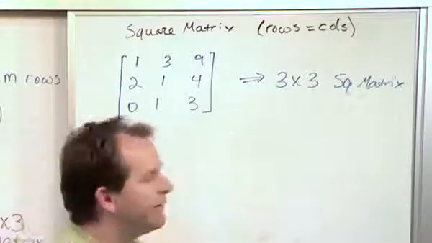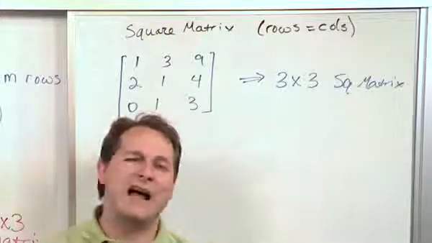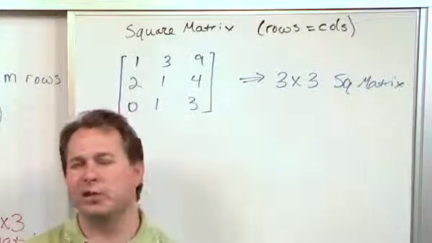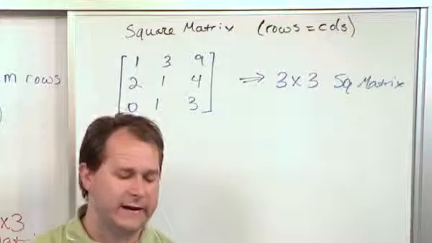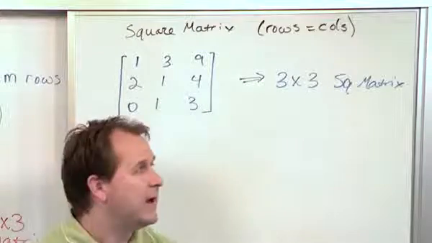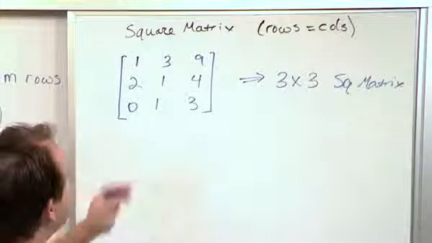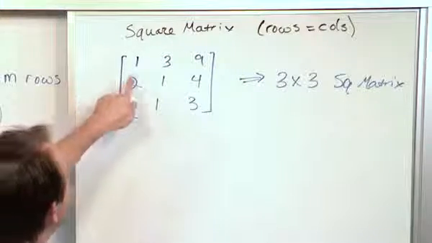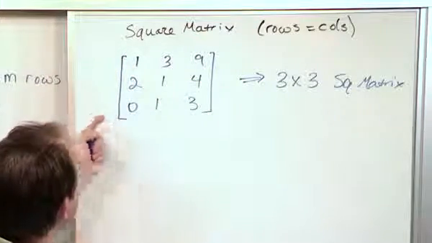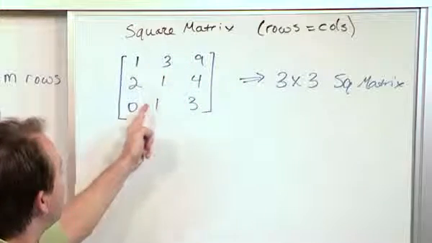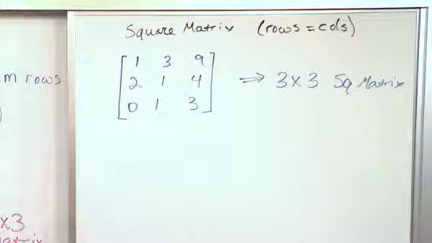It's a 3 by 3 matrix that happens to look like a square. If it's not the same number of rows and columns, it's going to look more rectangular, and sometimes you see that described as a rectangular matrix. But if it does have the same number of rows and columns, then we have what we call a square matrix. Of course, we can use the indices for the rows and the columns to pull out any element that we want from this matrix, just like we did previously.